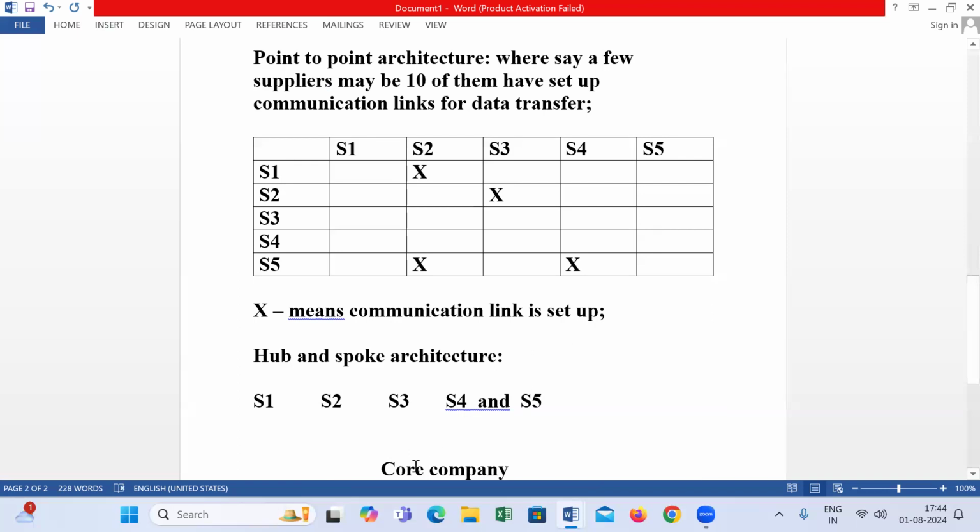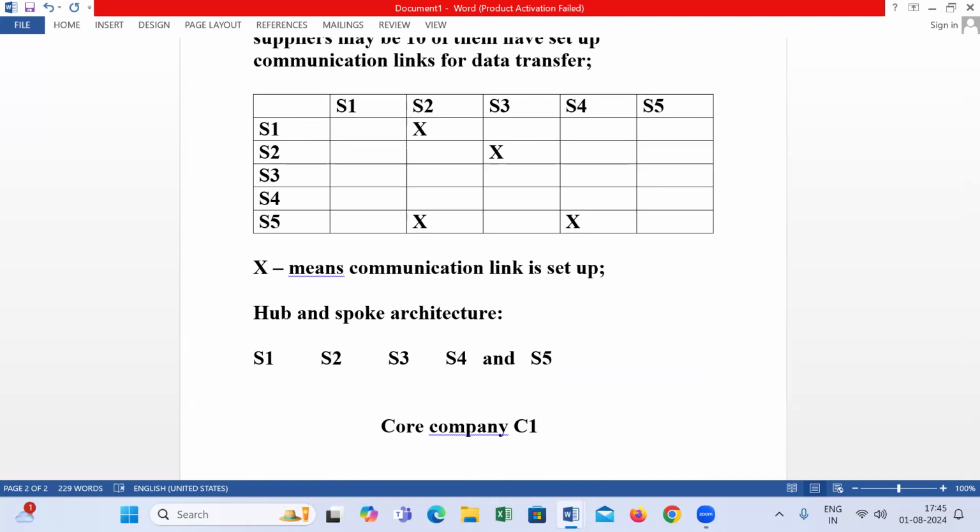I'm not able to draw the diagram here, but this core company C1 has links with S1, S2, S3, S4, and S5. This is referred to as hub and spoke architecture.